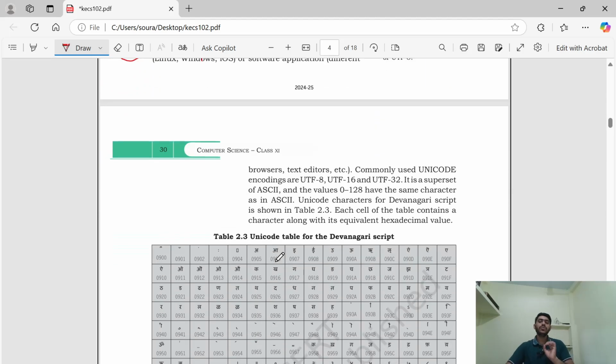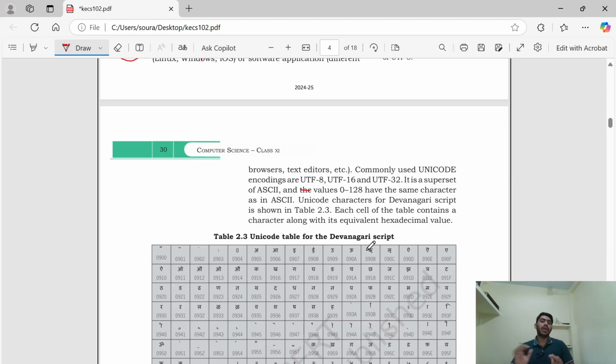Commonly used Unicode encoding schemes are UTF-8, UTF-16 and UTF-32. It is a superset of ASCII, and the values 0 to 128 have the same characters as in ASCII.